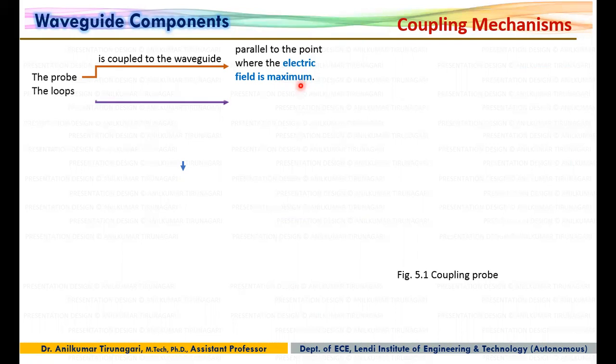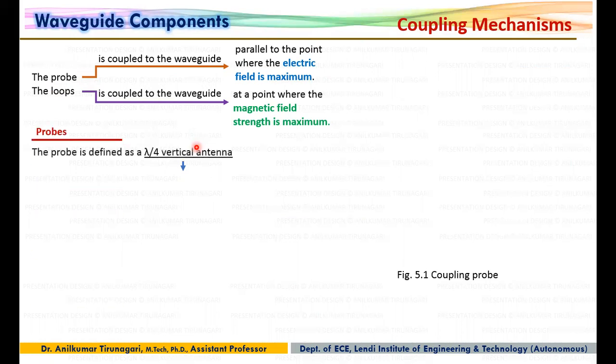Similarly, the loop coupling is a coupling mechanism to couple the waveguide, and this loop should be placed at a point where the magnetic field strength is maximum. So wherever the magnetic field strength is maximum, we place the loop at that location. And wherever the electric field is maximum, at that point we will place the probe, right?